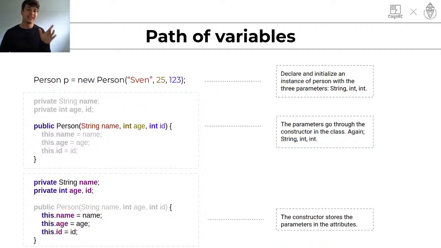This is also exactly why you can have multiple constructors in Java, because those constructors will have a different layout. This one has the layout string, int, int. If you make a second one with, for example, just a string and an int, and then you create a person and initialize it with just a string and an int, then Java will automatically look for that constructor, which is exactly why you can have multiple constructors.